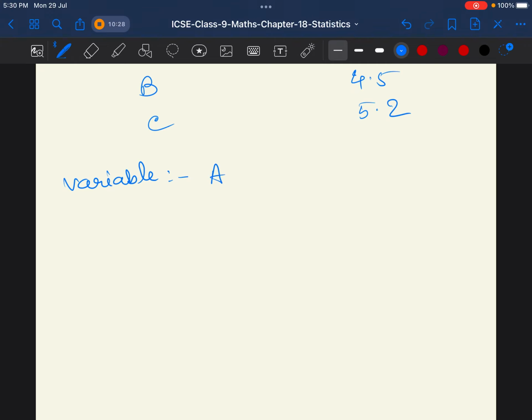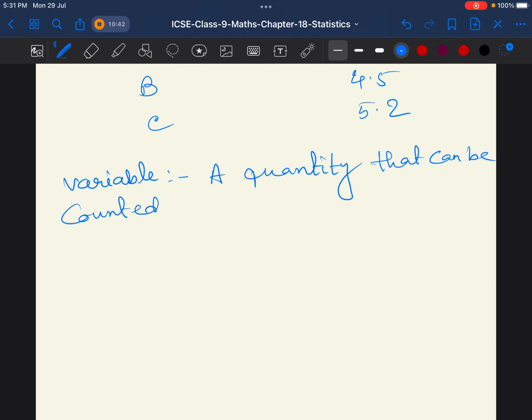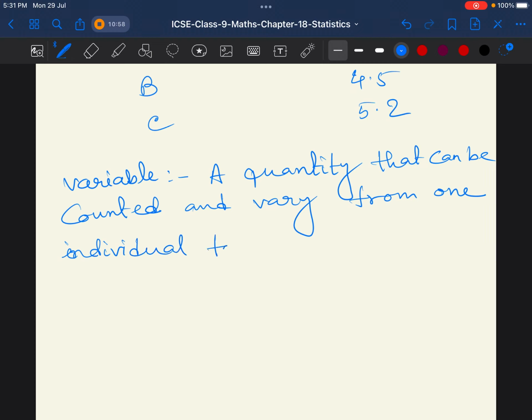So a variable is a quantity that can be counted and varies from one individual to another.